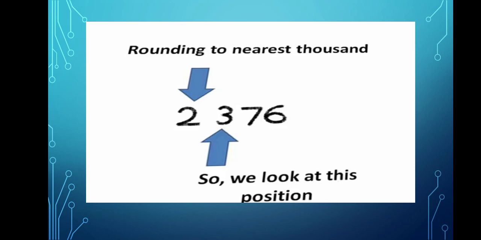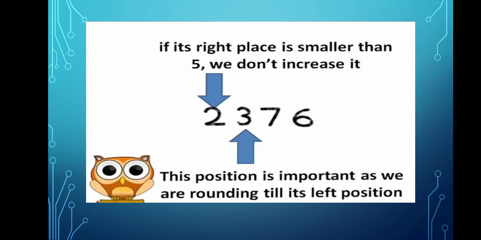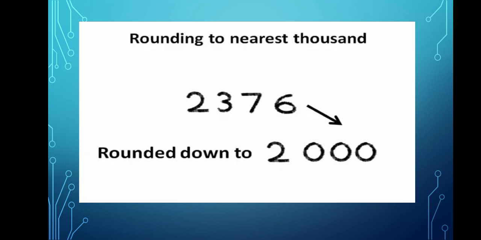The 1000's place will remain unchanged. 2 will remain as 2. So 2376 is rounded down to 2000, that is, to the nearest 1000.